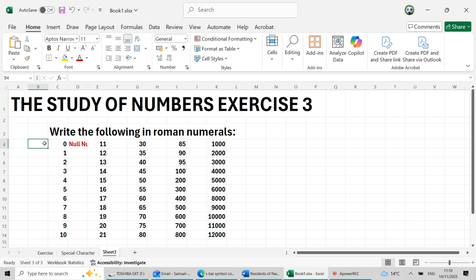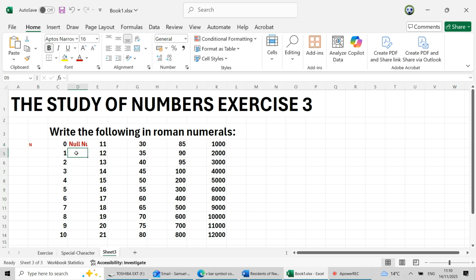Null being 0 or nothing, which symbolizes the default value of a particular data type in Java, for example. In some situations, you will find that they write the letter N just to symbolize null. So this N means nothing, which symbolizes null in Roman numerals.